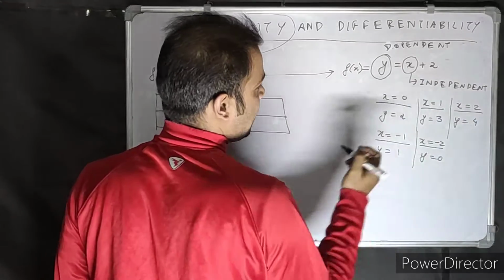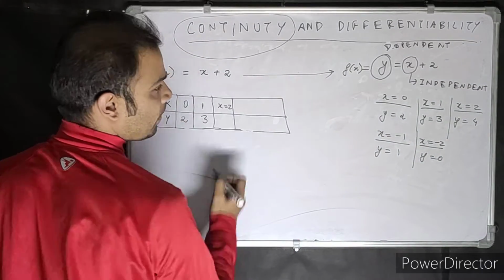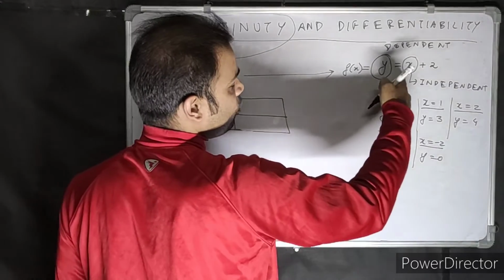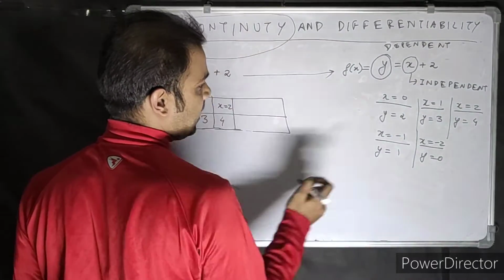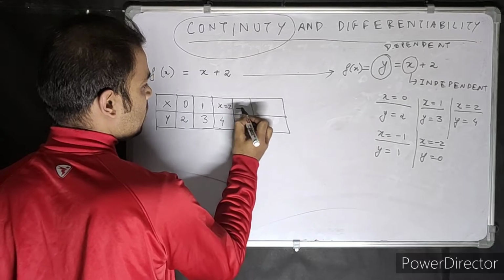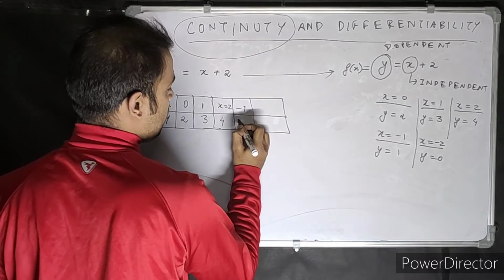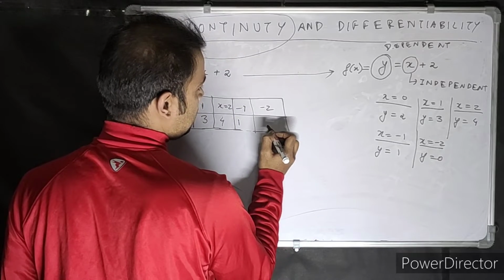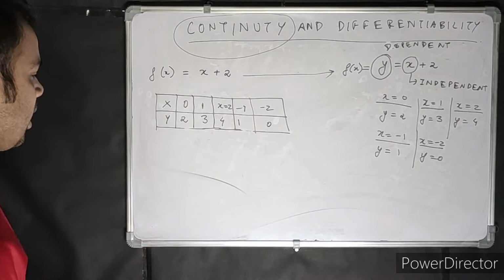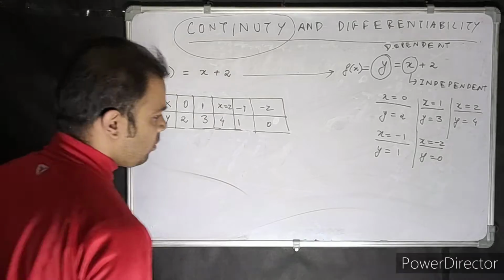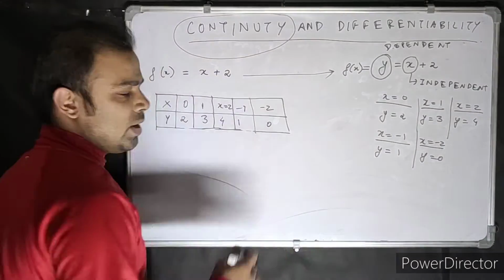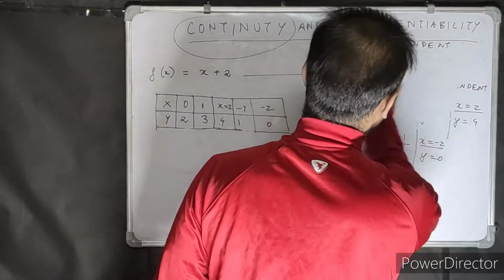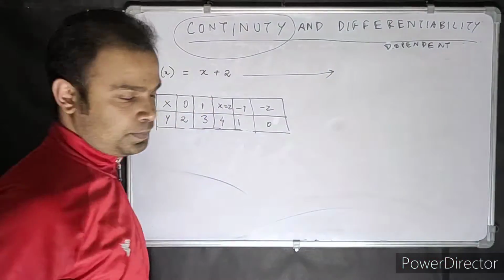Then x is 2, y is 4. Look, if you put 2 over here, 2 plus 2 is 4. Then x is minus 1, going to the negative also, then y is 1. Then x is minus 2, then y is 0. Actually you don't have to take many points. You can just take a few of them, and then we start drawing the graph. Now let's draw the graph of this.